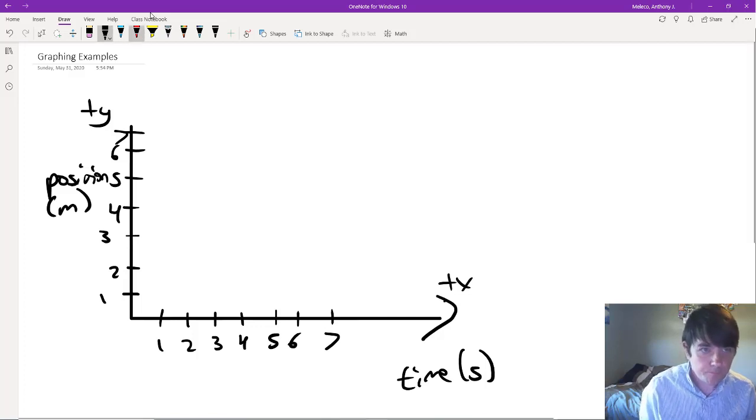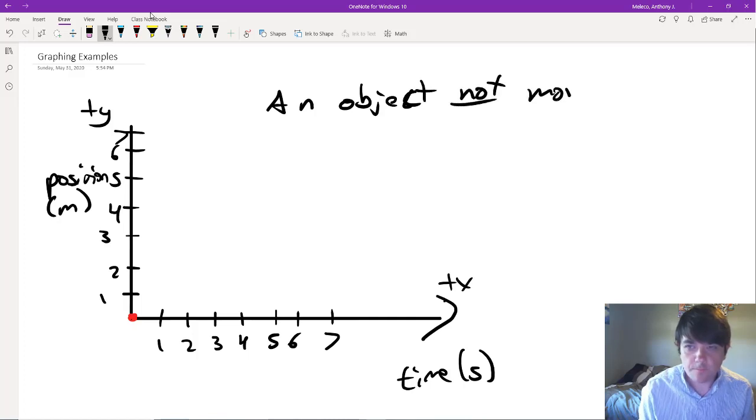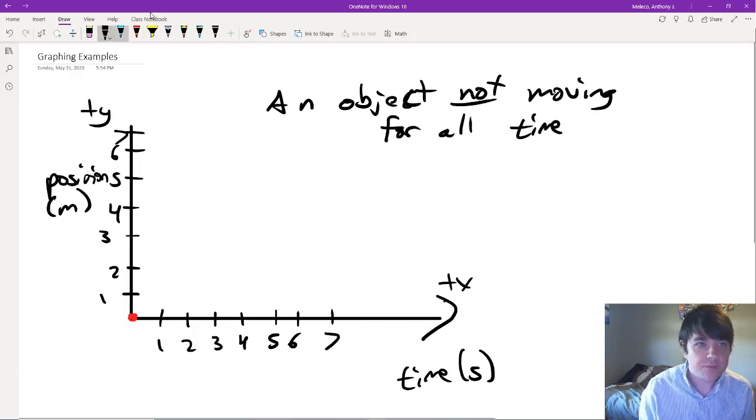For the first example, this is an object not moving. If an object's not moving for all time, we will see no up and down movement, because that represents position.